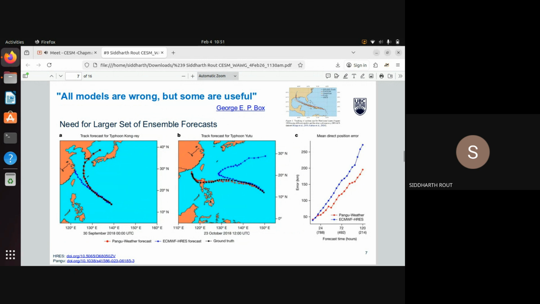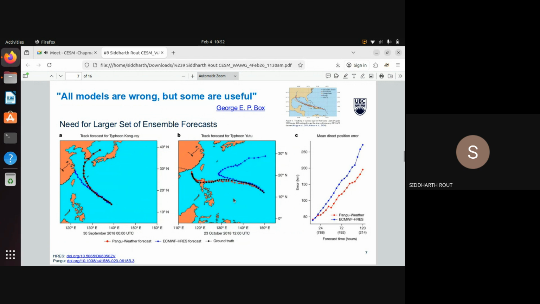This is an example from a paper where they're comparing Pangu weather forecast and HREF. HREF is the numerical model, which is in blue. This is the trajectory that it suggested, and the red one is the trajectory that Pangu predicts, and the black one is the real trajectory.